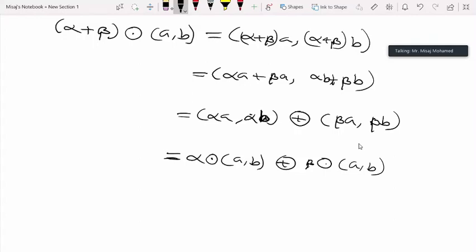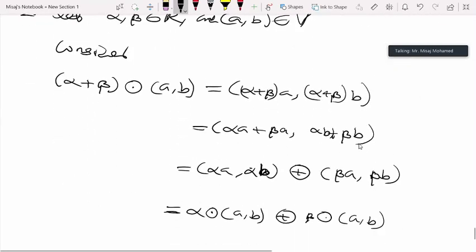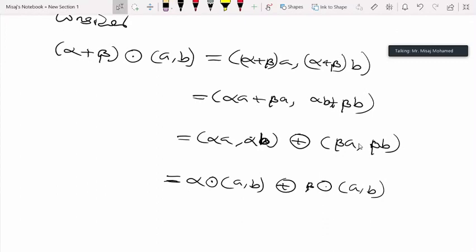How many properties are there in all? All 10 properties hold.